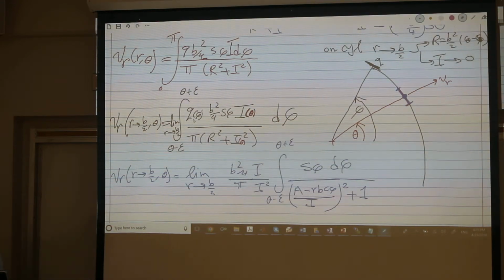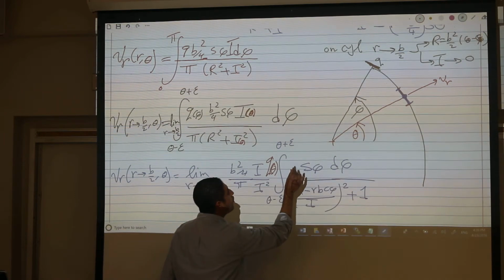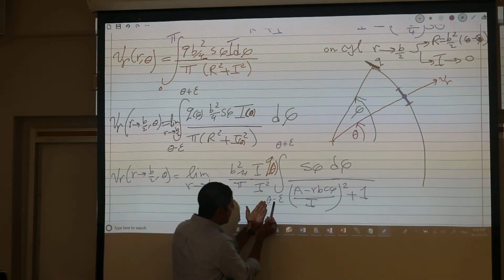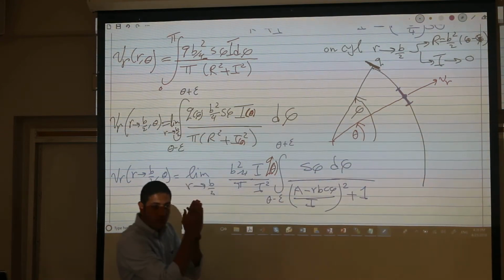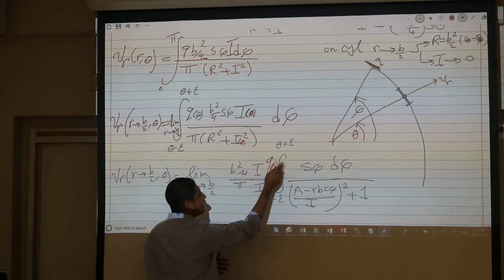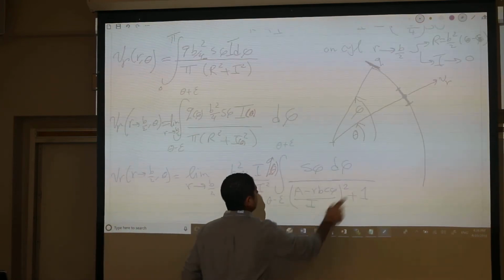So by a continuity argument, I can get it outside of the integration. This is Q at theta, Q of theta. It was inside Q of phi, and phi ranges something little before theta, something little after theta. So over this very small range, Q is constant and is almost equal to the value at theta, here outside, Q of theta.